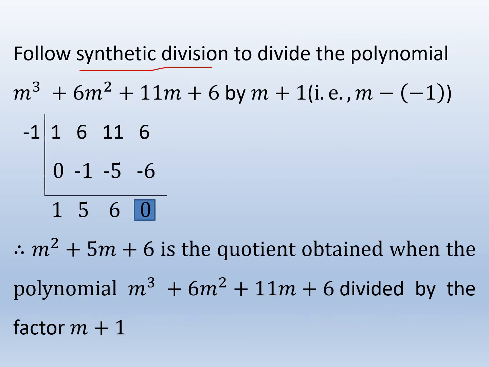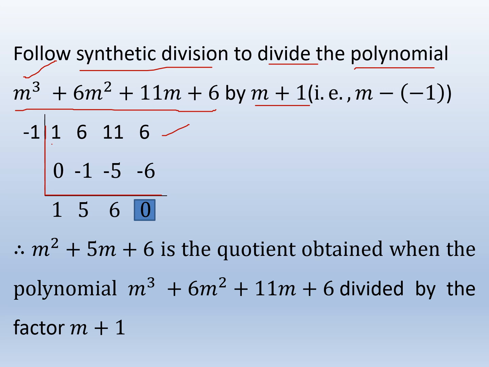Now follow the synthetic division to divide the polynomial m cube plus 6 times m square plus 11 times m plus 6 by the factor m plus 1 to get the coefficients for this division. To do this, first draw the L shape like this. Inside this, place the coefficients and constant of the polynomial.